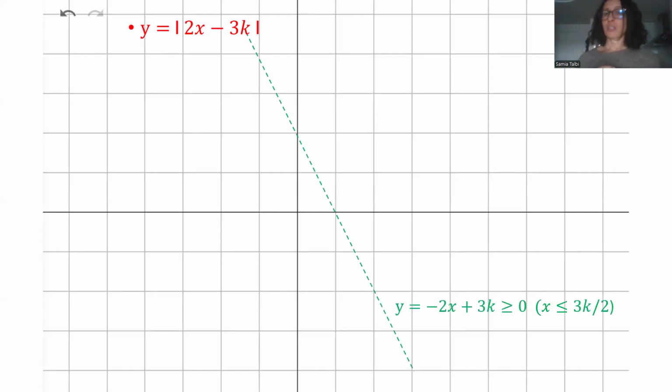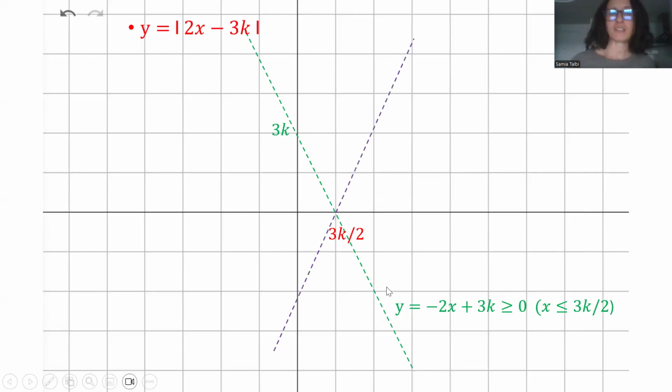This is the straight line with a negative gradient, roughly minus 2. I tried here with the squares, but it's going down. The y-intercept is 3k, but that would only be valid for x bigger than 3k over 2, which is the 0 point of the modulus function. So we'll have to get rid of that part, the part where x is too big.